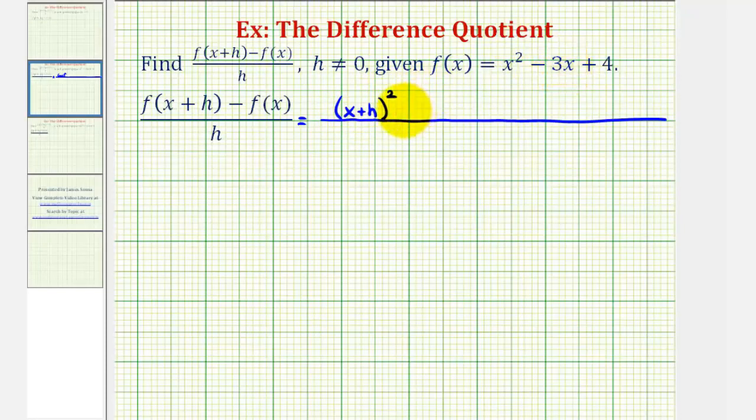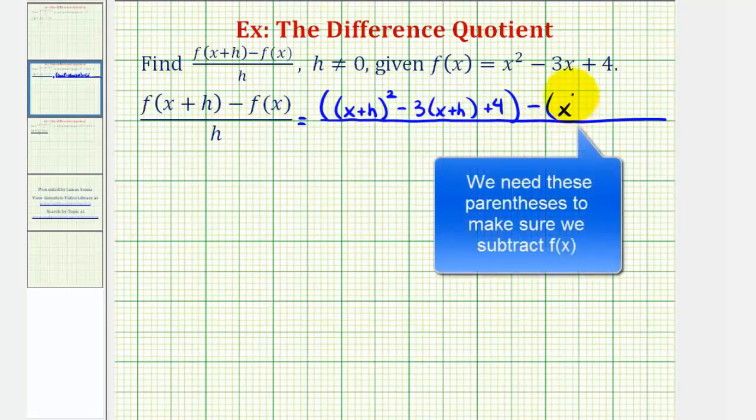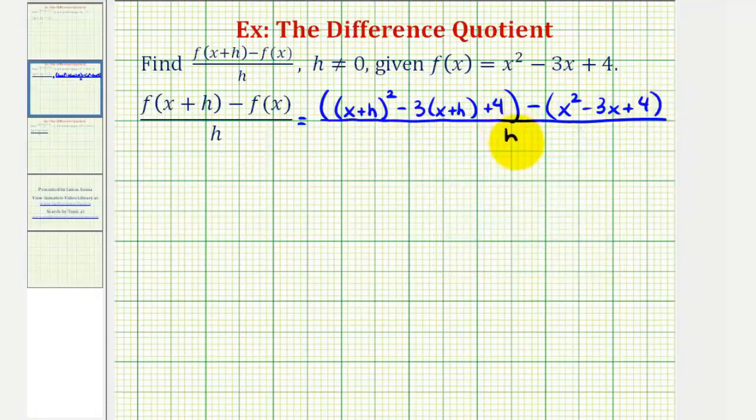And then instead of minus 3x, we'll have minus 3 times the quantity x plus h plus 4. So all of this is f of the quantity x plus h. Let's put this in parentheses to keep things clear. And now we still have to subtract f of x, so we'll have minus the quantity x squared minus 3x plus 4. All this is divided by h.